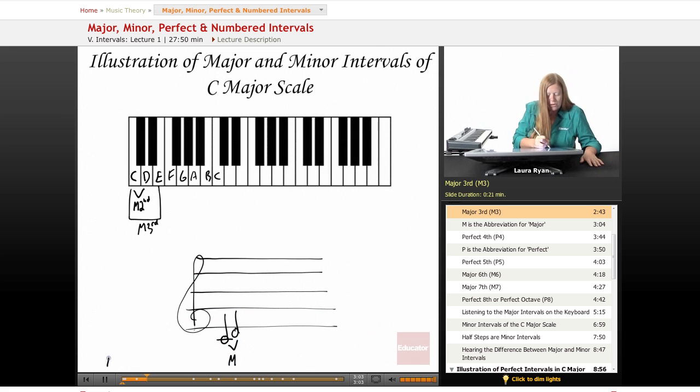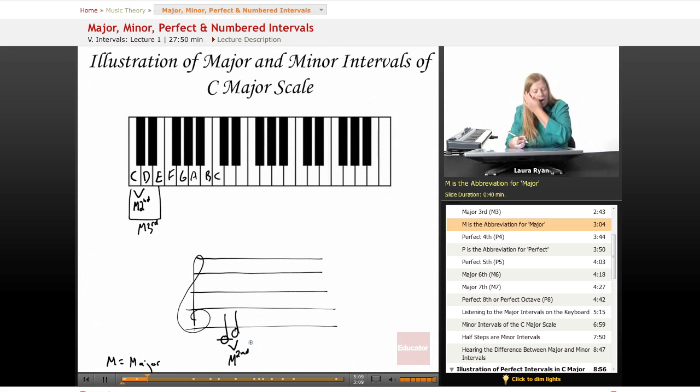We use a capital M as an abbreviation for major. Major second. We were also just recently exploring whole steps and half steps. From C to D is a whole step and a major second. From D to E is also a whole step, but right now we're going to explore the intervals from C to every other note in the scale.